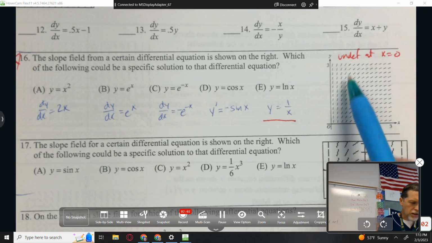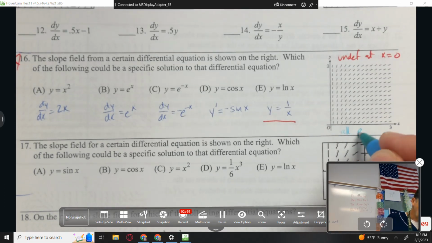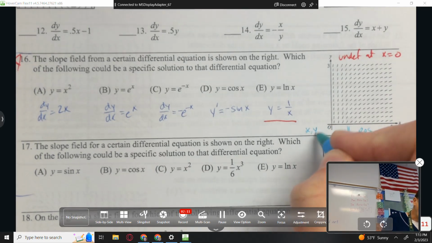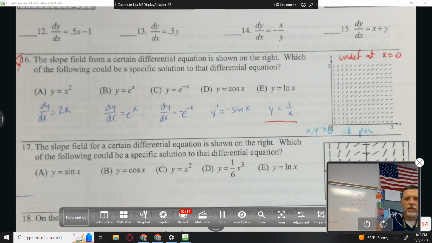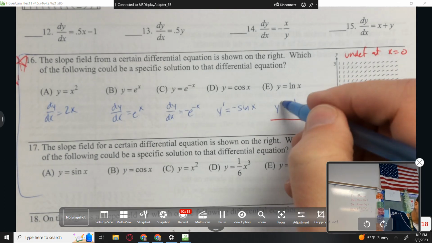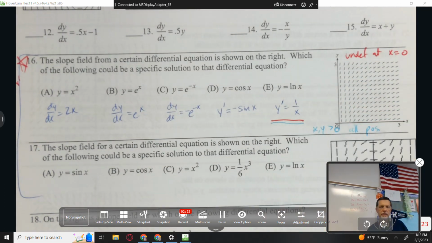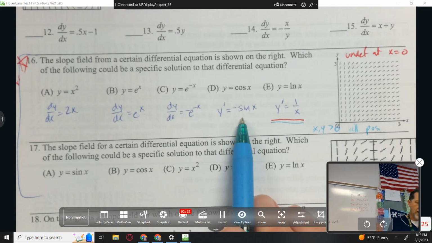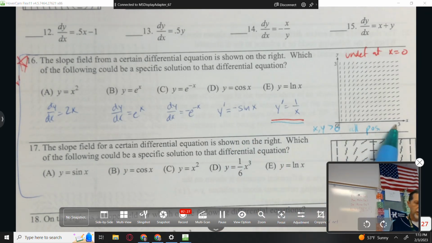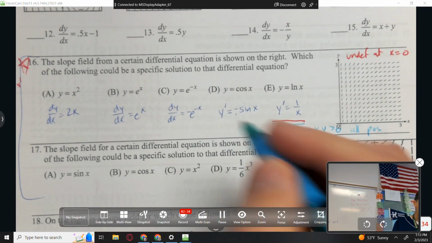They're all positive, at least in the first quadrant here. So if x and y are positive, greater than 0, then my slope is positive. Whoops, that should say y prime. So I'm still good for e on that. Sine, well, it only goes to 3, but between 0 and pi, sine of x is negative somewhere in there, especially since there's a negative, so I think that one's out.